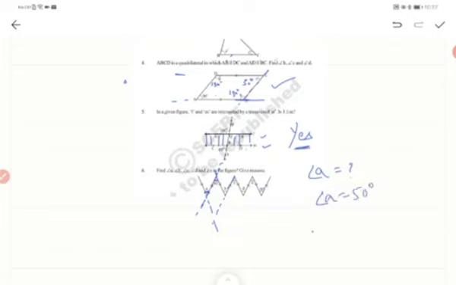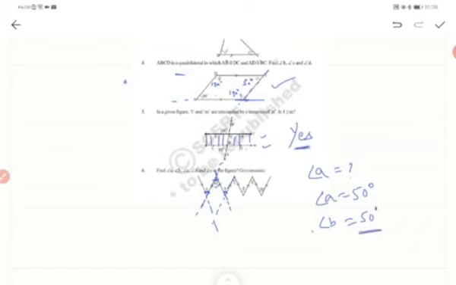Now what about angle B? If this is 50 degrees, obviously this angle B and that angle are alternate, so it is also 50 degrees. Like this you just go on, because they are all alternate angles. So all will be equal to 50 degrees.